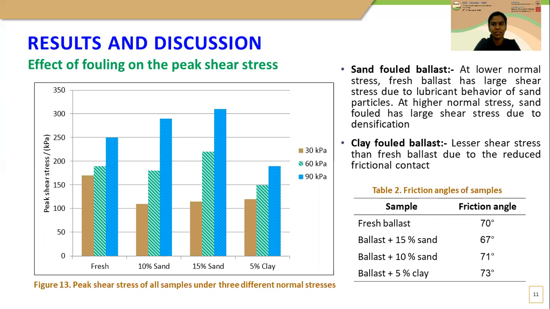This is due to the lubricant behavior of the fouling agents. For sand fouling at higher normal loads, the shear stress is higher compared with the fresh ballast. This is due to the densification effect of sand fouling. But for the clay fouling, for all normal loads, it shows reduced shear stress. This is due to the loss of frictional behavior between particles due to the lubricant behavior of clay fouling. The table shows the friction angles of different samples.